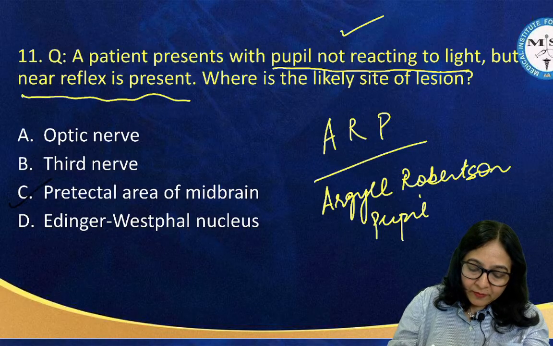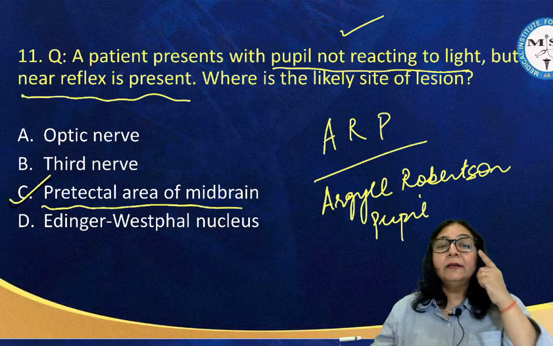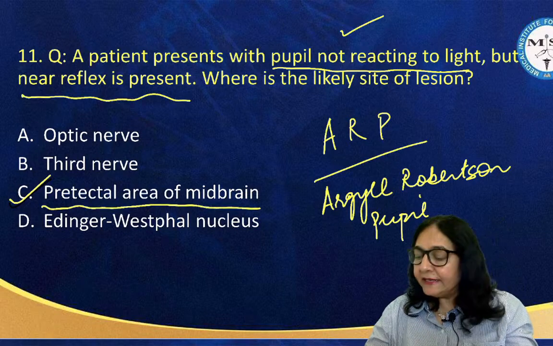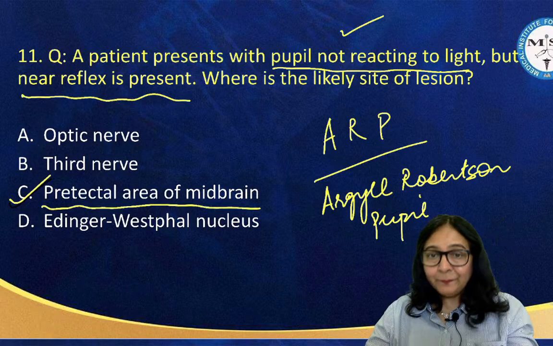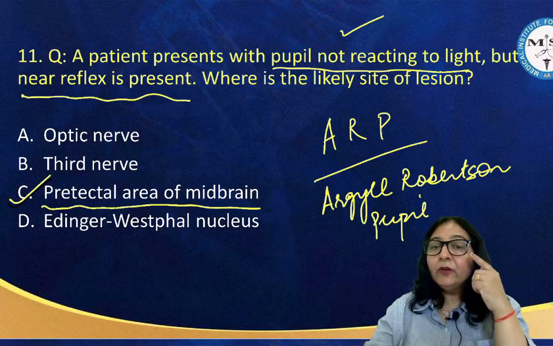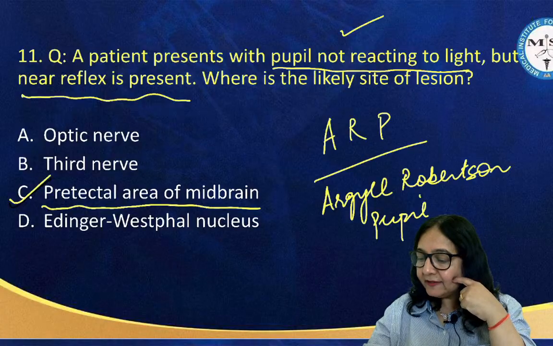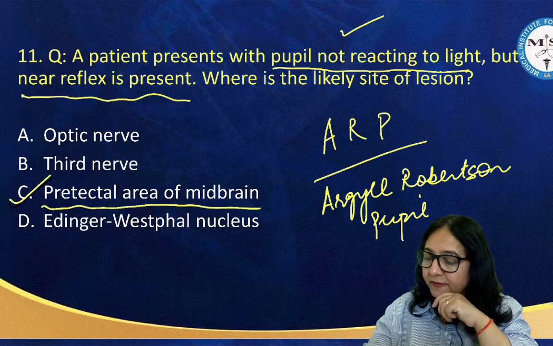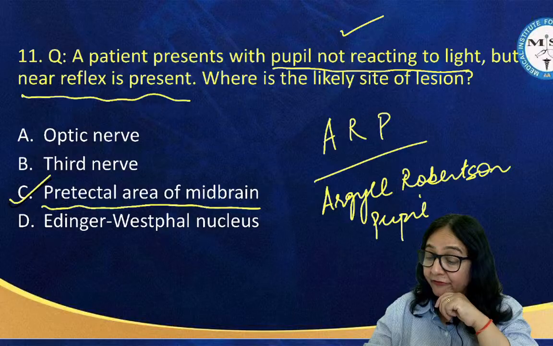In Argyll-Robertson pupil, the lesion affects the pretectal area of the midbrain, because this is the area where the interneurons responsible for the near reflex are affected.